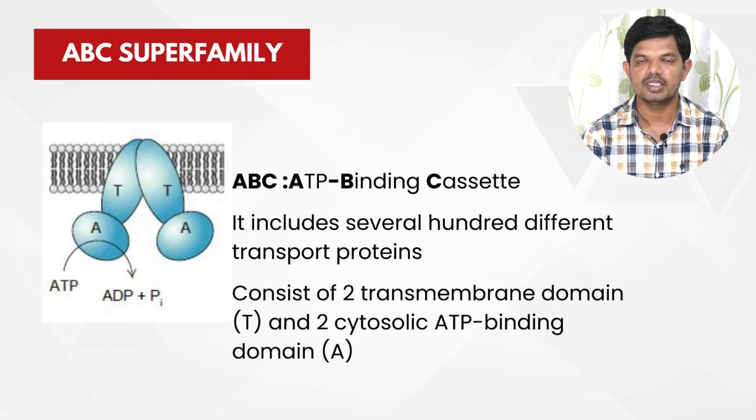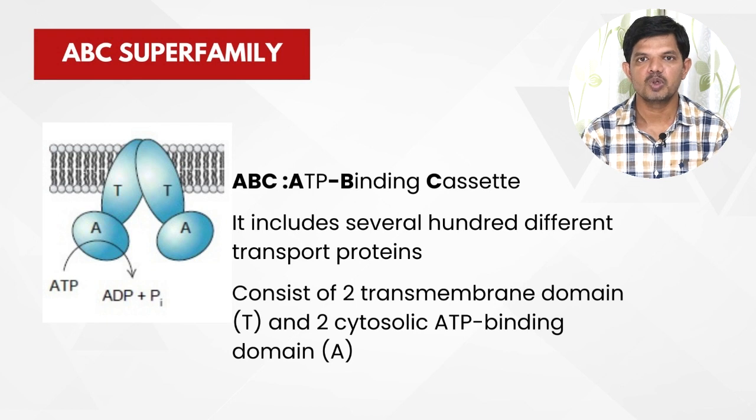The other type is the ABC superfamily. Here ABC stands for ATP binding cassette. The ABC superfamily includes several hundred different transport proteins found in organisms ranging from bacteria to human beings. Each ABC protein is specific for a single substrate or group of related substrates, which may be ions, sugars, amino acids, phospholipids, peptides, polysaccharides, or even proteins.